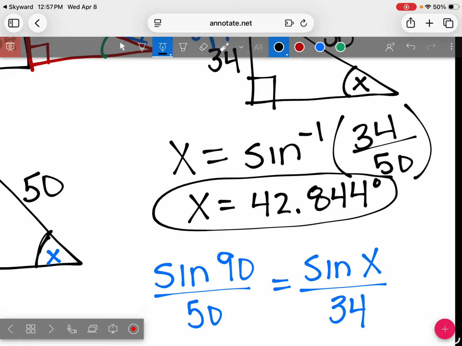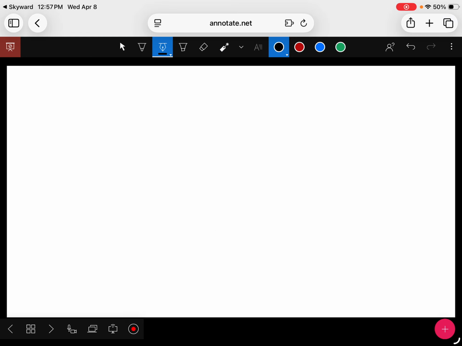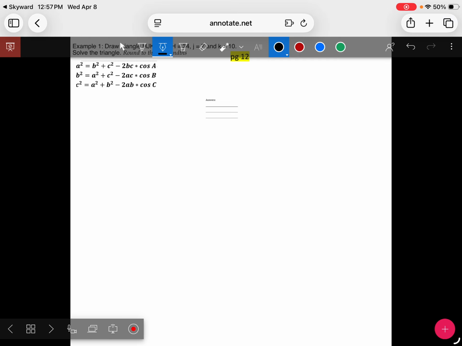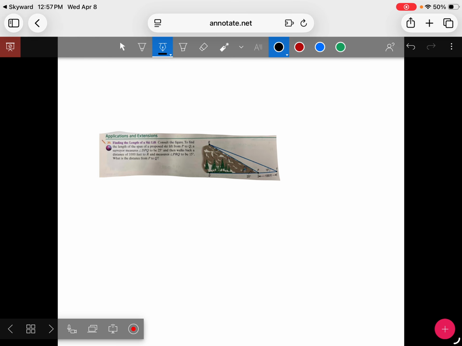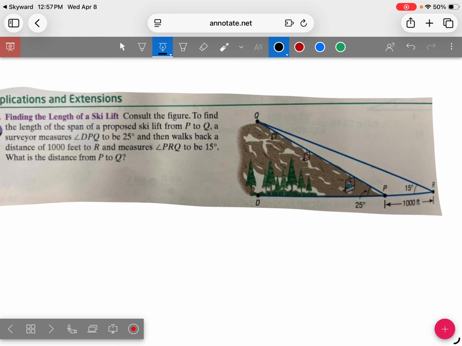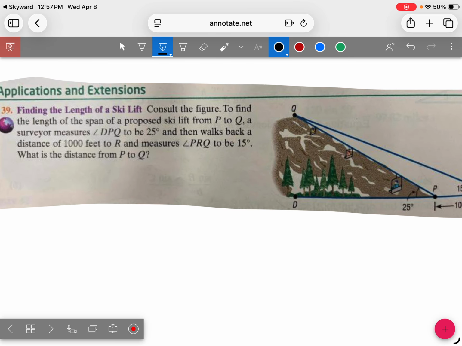So how about we use this time to work on homework 14 that's due tomorrow? Now, what I want to talk about are the three word problems. All right, so take out your homework 14. I did take a little picture of the book, so we're going to talk about number 39. Number 39 is a homework question.